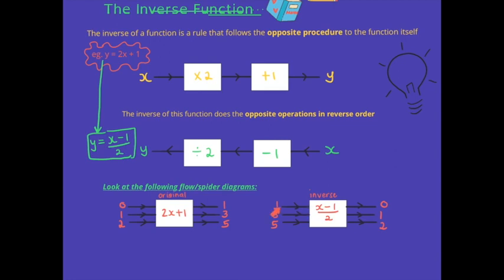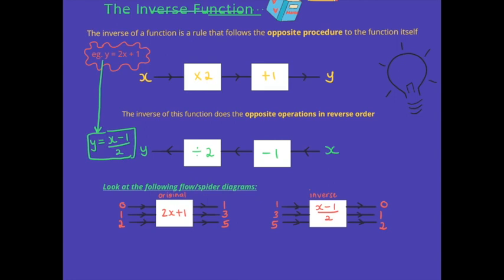Let's verify that. 1 minus 1 divided by 2 is 0. 3 minus 1 divided by 2 is 1. And 5 minus 1 divided by 2, well, 4 divided by 2 is just 2. So what do you notice here? The inputs of the second flow diagram are the outputs of the first flow diagram, and vice versa. And this is always the case for a function and its inverse.